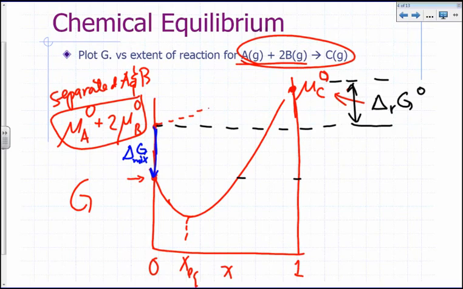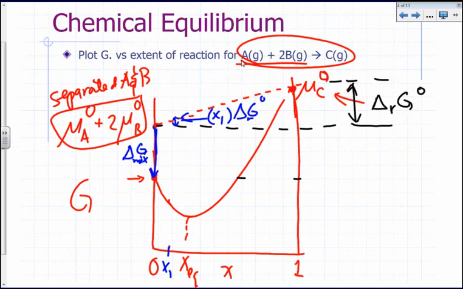And if I were to draw this line right here, then let's say when the extent of reaction is this much right here, let's say X1. This difference right here, you should be able to show that that difference is just X1 times the standard Gibbs energy of the reaction.